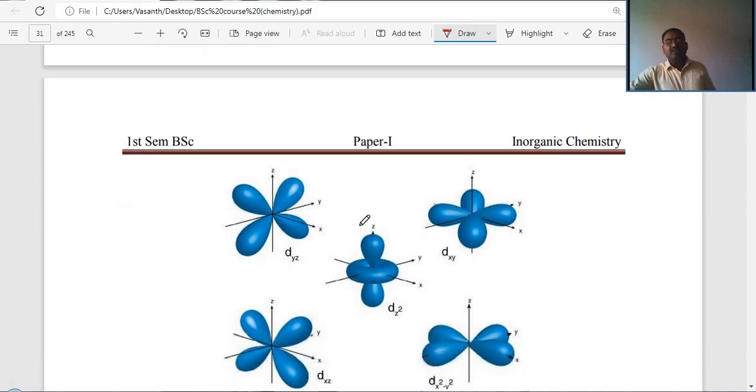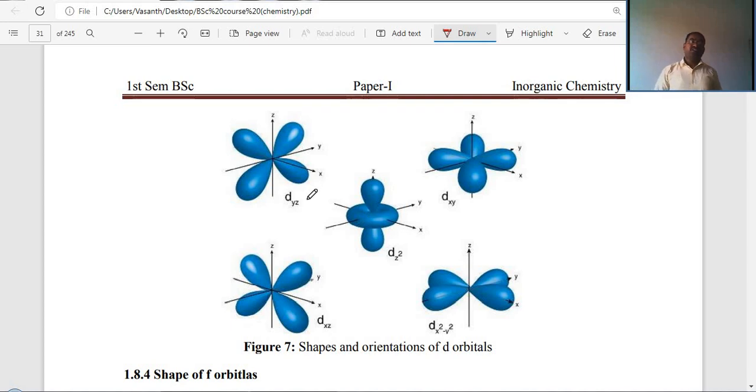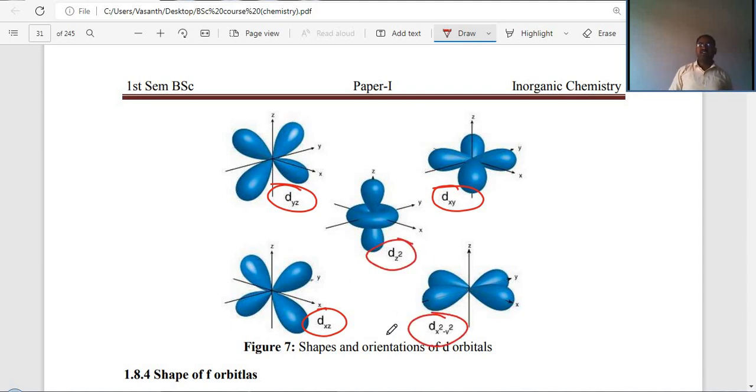This is the shape of dyz. This is dxy, this is dzx, dz square and dx square minus y square. These are all the different shapes of d orbitals.